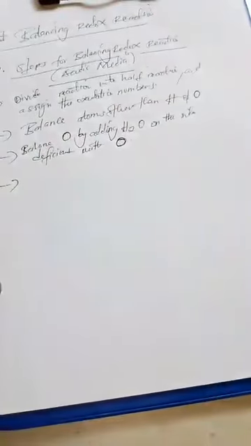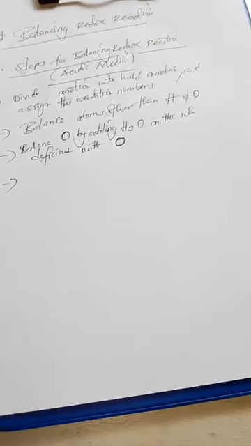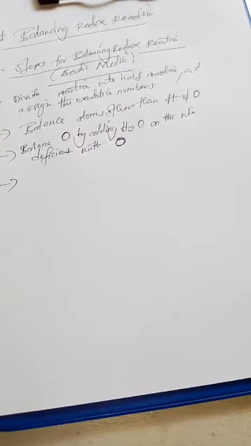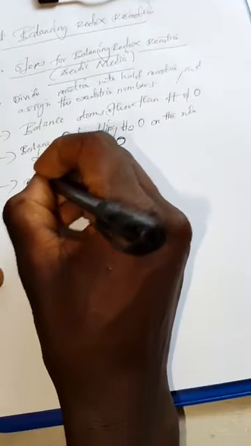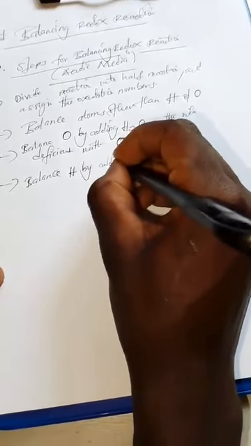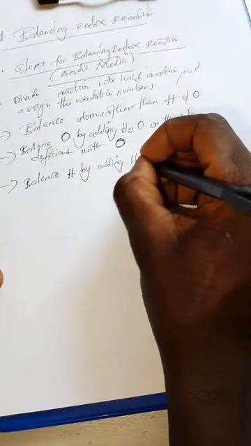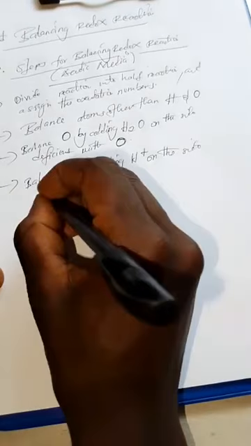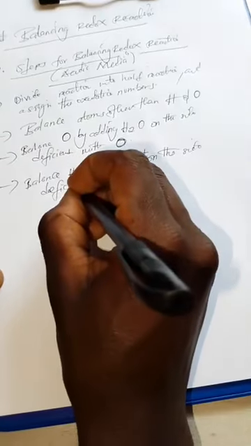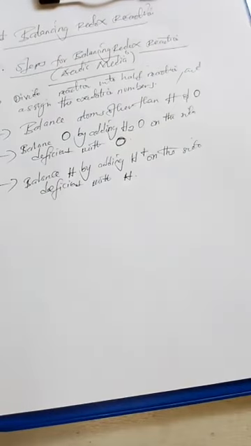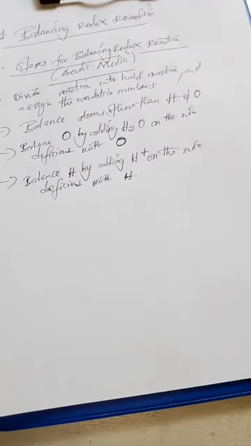Number 4, the pointer that you need to know, you need to balance hydrogen by adding hydrogen ion on the side deficient with hydrogen. Okay, balance hydrogen by adding hydrogen ion on the side deficient with hydrogen.